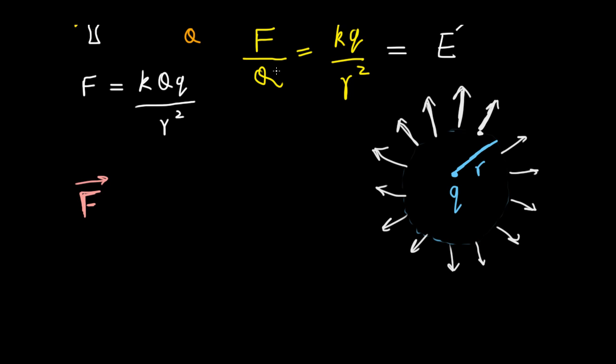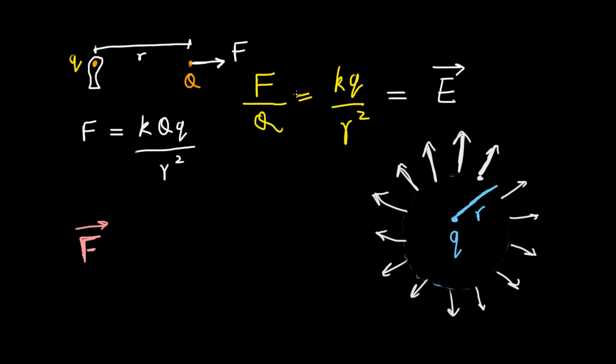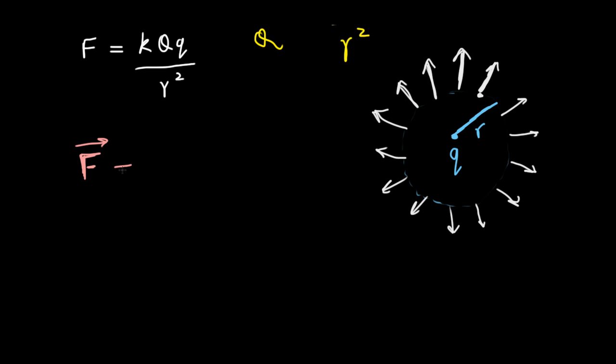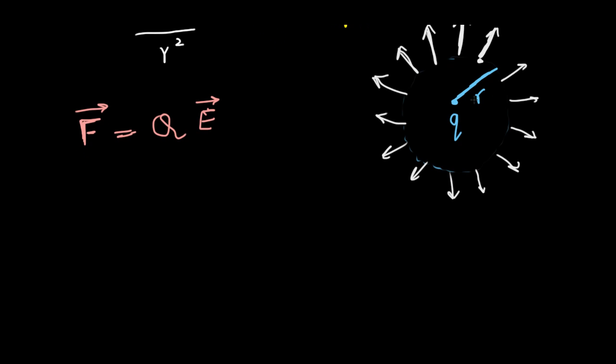So we say that if I multiply E by Q, so multiplying both sides by Q, I get F equals Q times E. This implies that if there is an electric field which looks something like that, with magnitude E, and I bring a charge of magnitude capital Q into that electric field, it will experience a force equal to the product of the charge and the electric field, and that force will be in the same direction as E, which implies that the force will be in this direction.